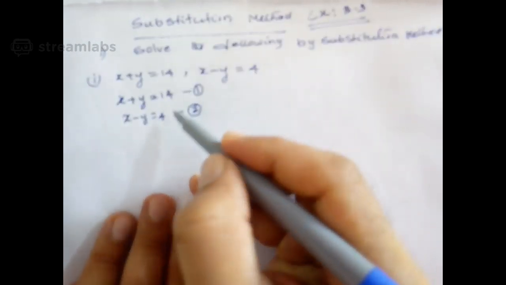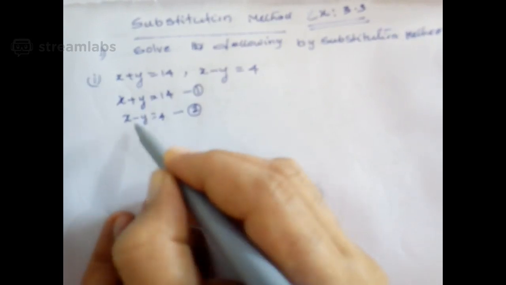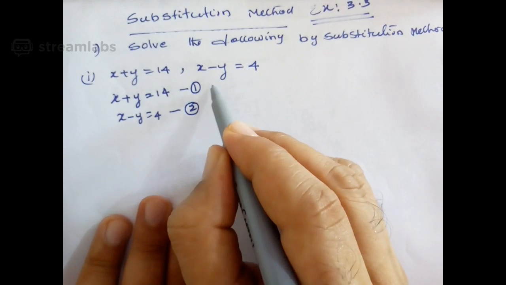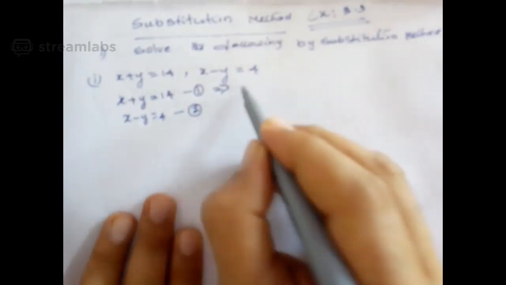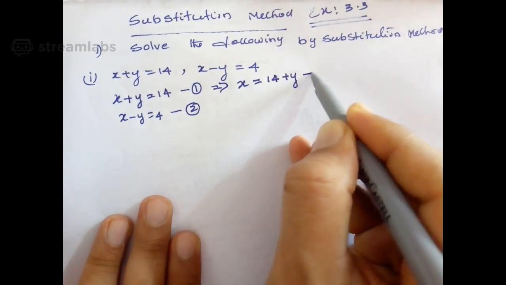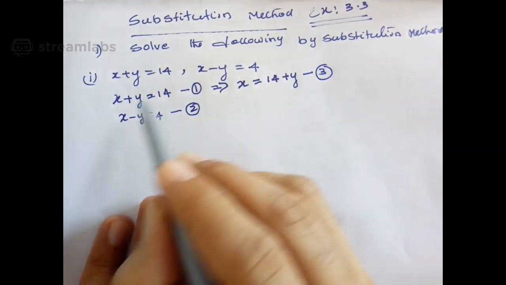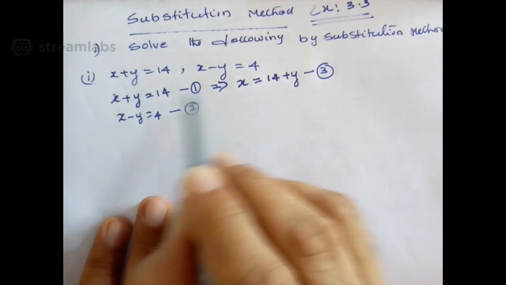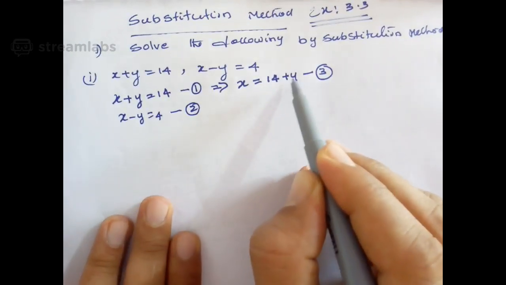Now you have to substitute, in any one of the equations, the value of y or x. See the first equation, x is equal to 14 minus y. This is the third equation. I brought y to this side, so x is equal to 14 minus y.